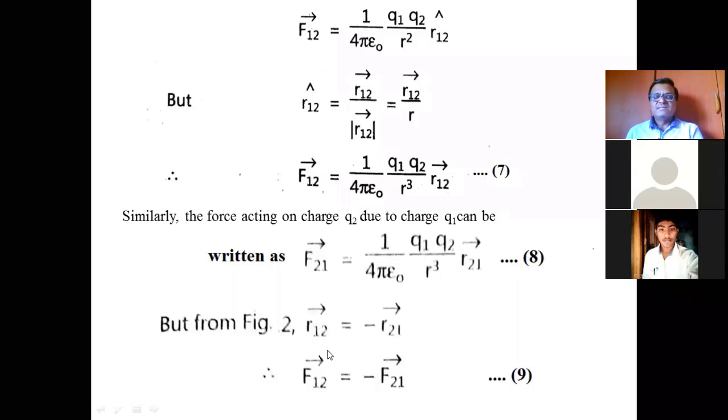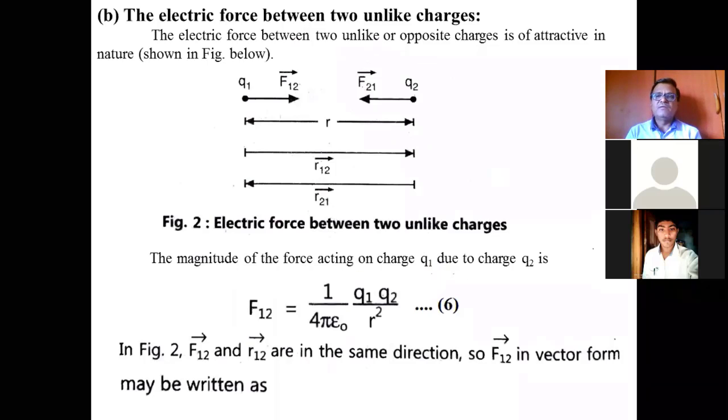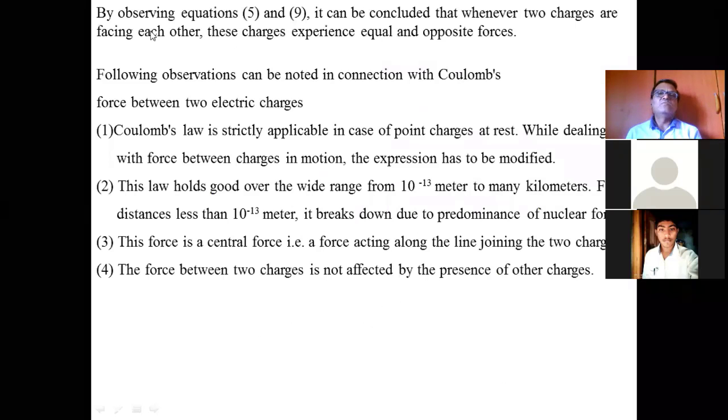Then by considering these two equations, equation number 5 and equation number 9, these two forces in the first case and in the second case also, they are equal and in opposite direction.